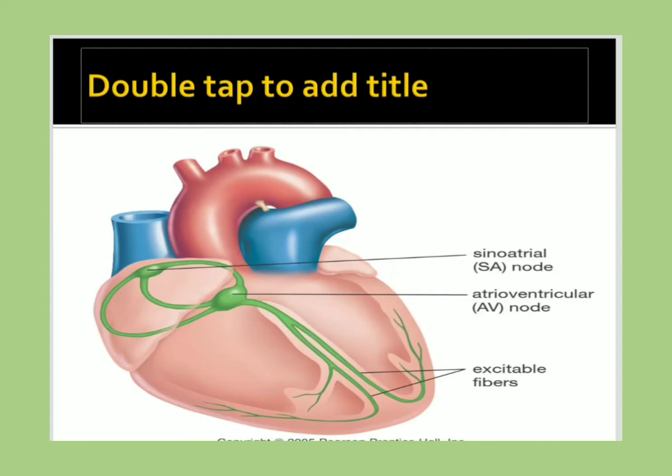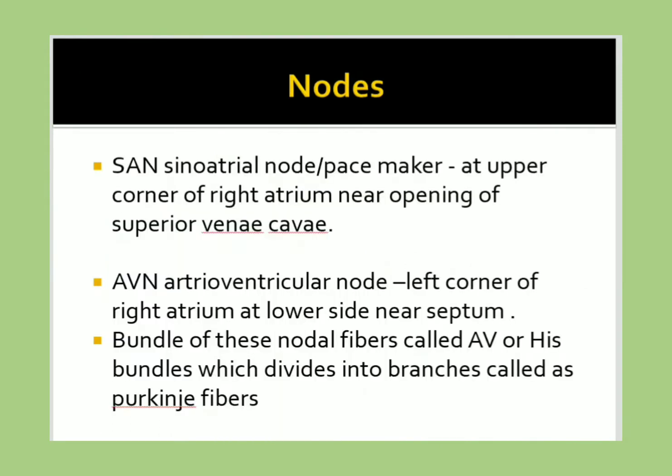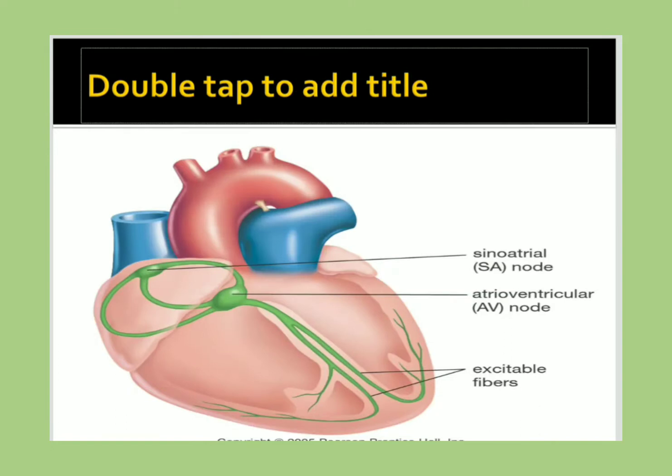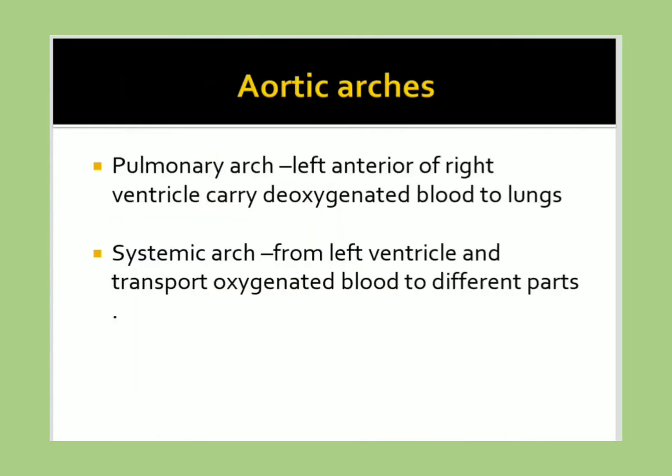Here you can see the SA node, which is the pacemaker, and the atrioventricular node, with the excitable fibers.